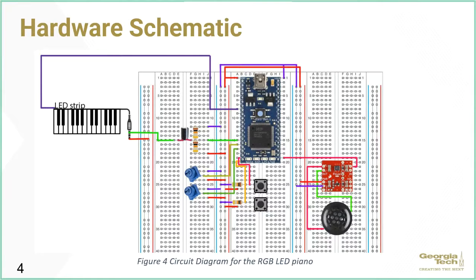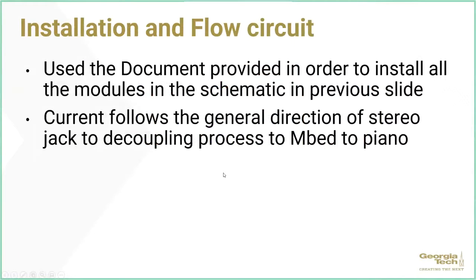So, moving on. The general installation is provided in this document that I have created for this project, and anybody can look into it. It will provide what kind of materials are needed, and what kind of processors and other modules you can use to improve the quality of the project.